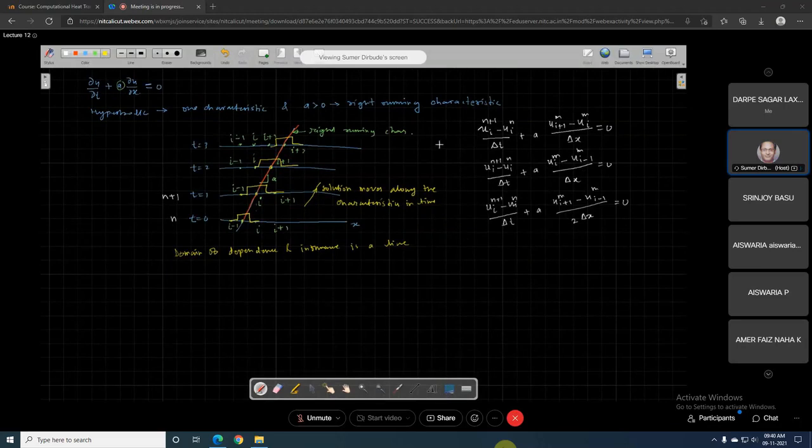Now, if the transportiveness property has to be satisfied, then according to the transportiveness property, this expression is correct. However, this expression and this expression do not possess the transportiveness property.